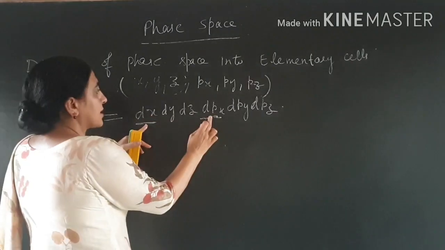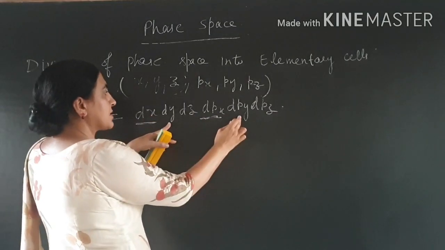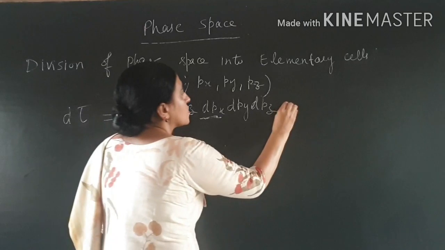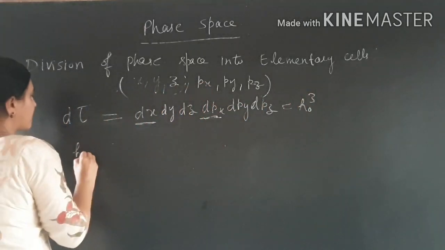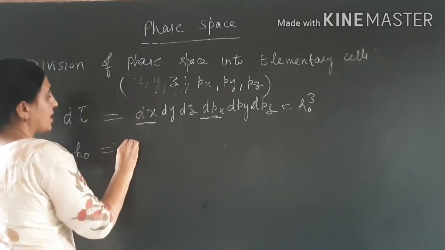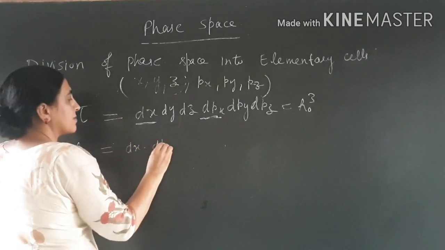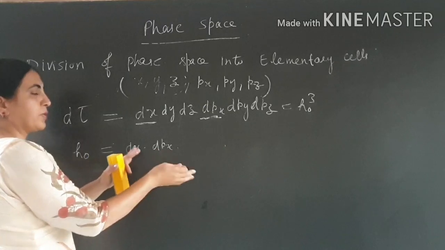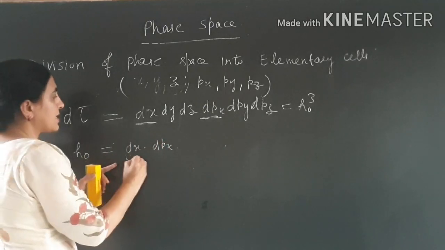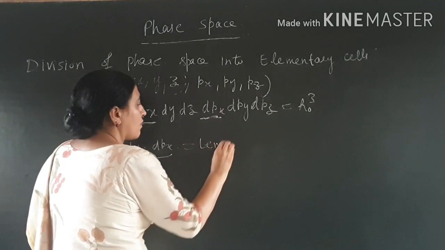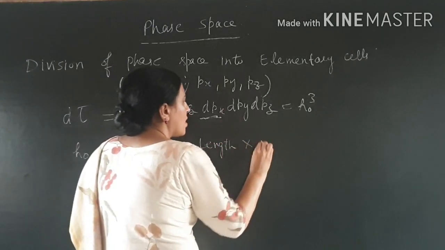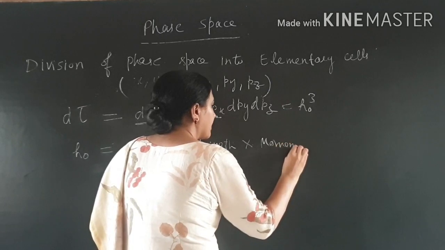The combination of each pair is h naught, so the whole is equal to h naught cube, where h naught is equal to dx into dpx, or similarly dy into dpy. So this is the product of length and linear momentum.